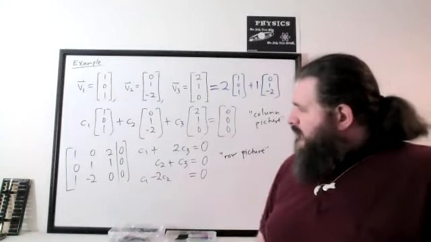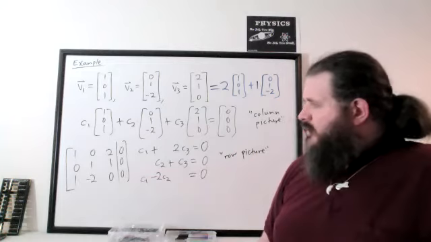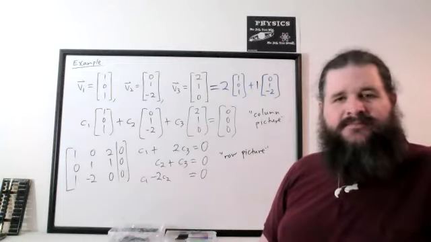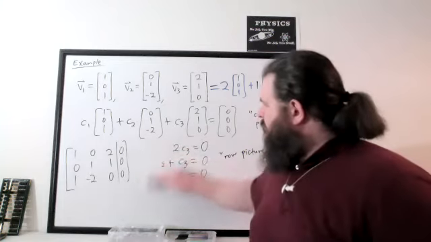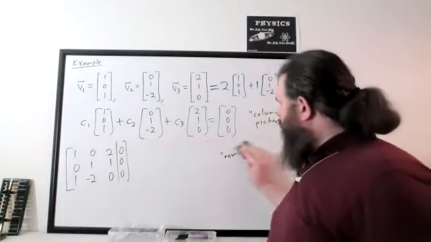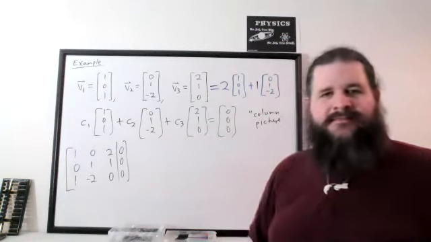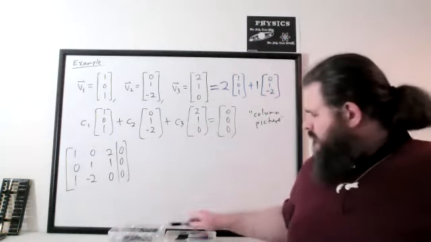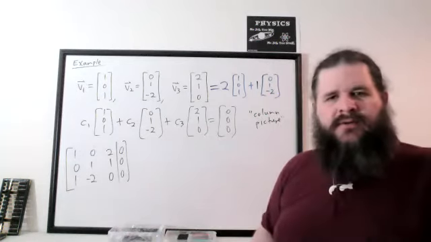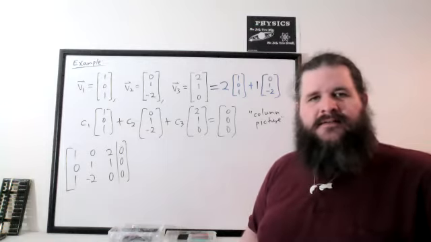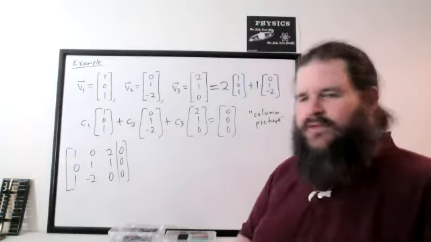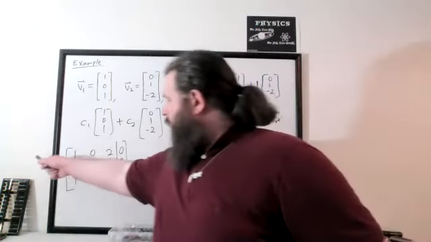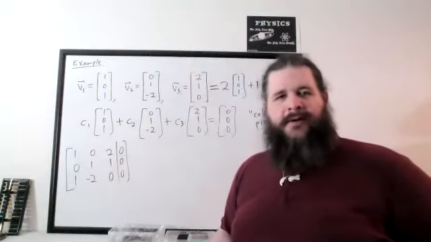So let's try row reducing this. What steps could you take to row reduce this matrix? What row operations would work here? First of all, where would we find our first pivot? If you start from the top row, just reading from left to right, what's the pivot in that row?